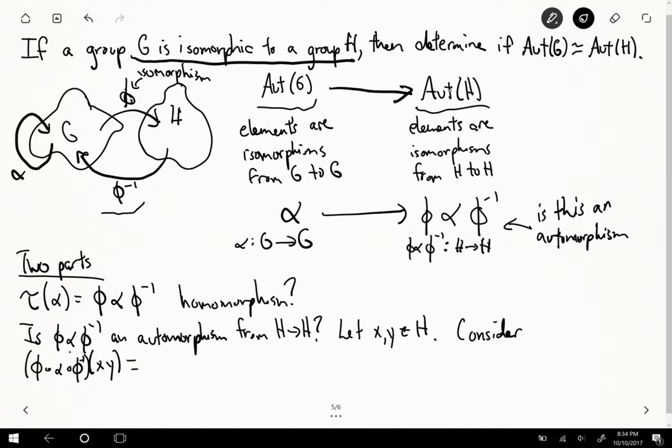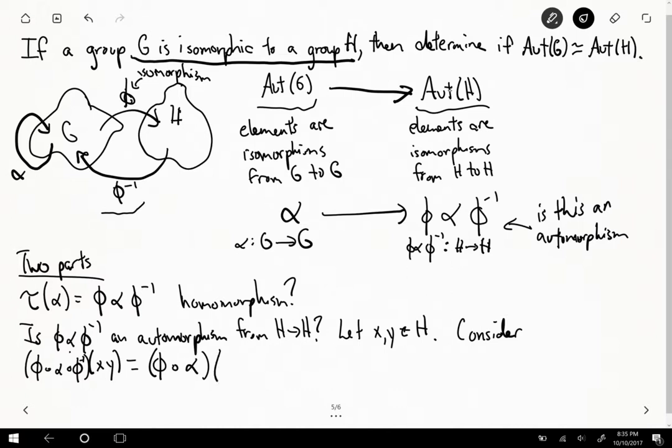So now we can start breaking this down piece by piece. Well, this means we have phi composed with alpha, and then the other component, though, we know phi inverse. Phi inverse is an isomorphism, so that means this is a homomorphism, right?